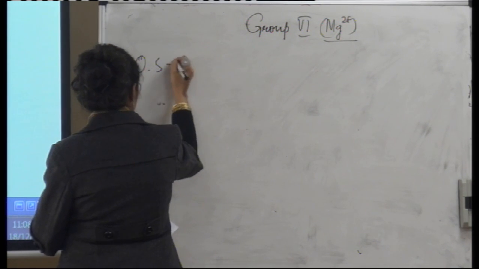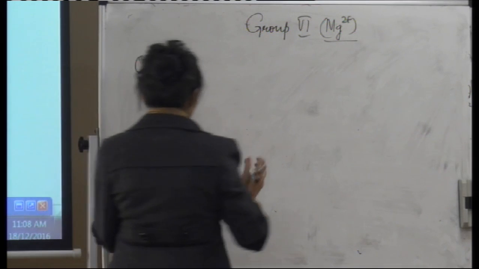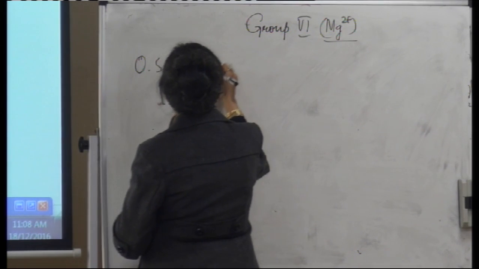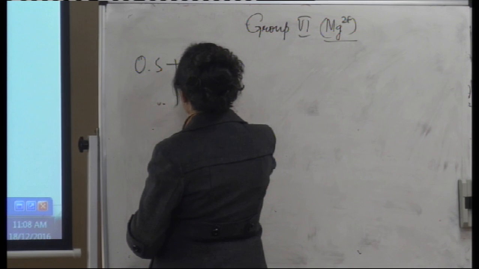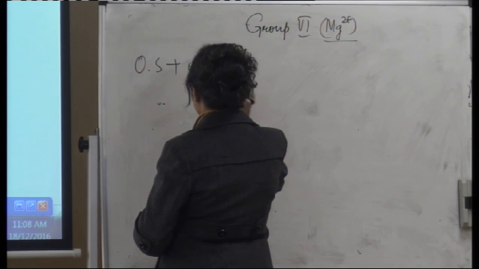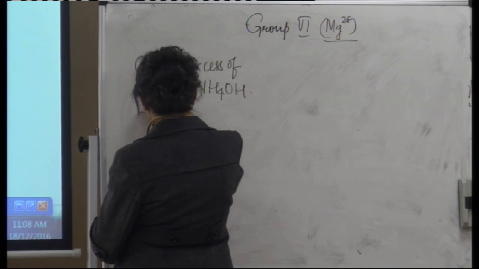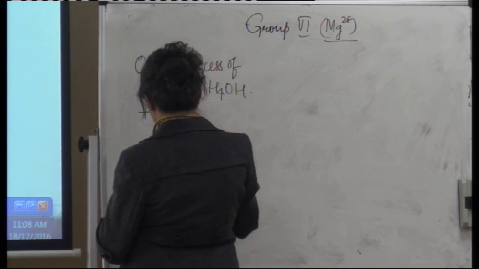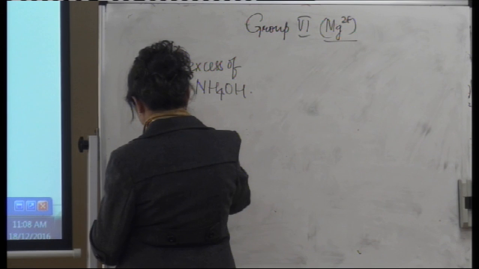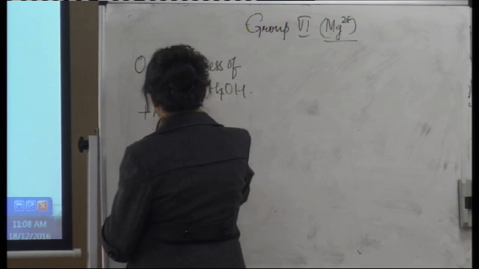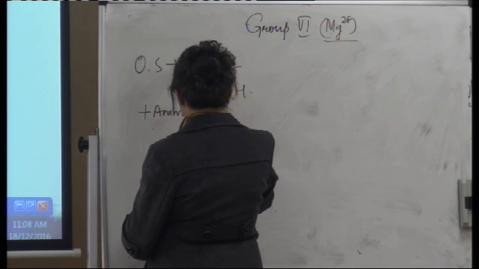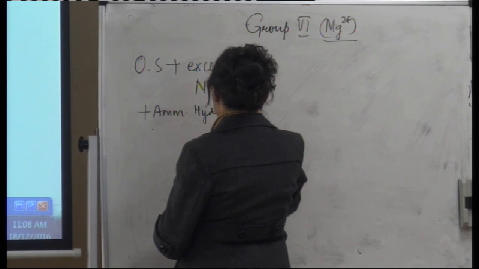You take the original solution of your salt and you add excess of ammonium hydroxide to it. When you add excess of ammonium hydroxide, you're making sure that there are sufficient number of OH minus ions, and you add ammonium hydrogen phosphate.